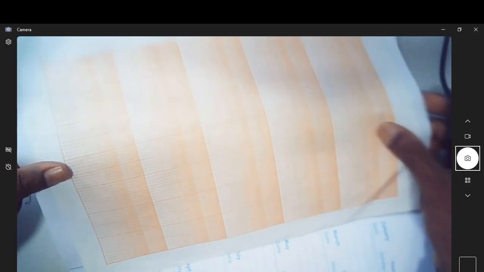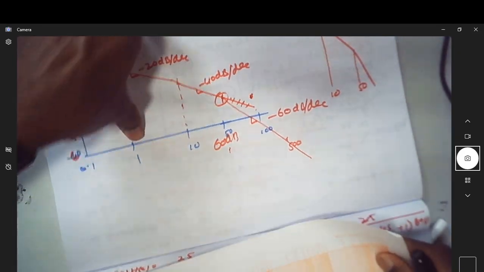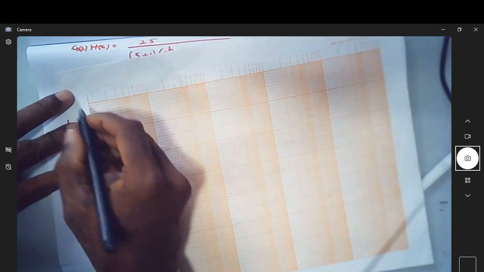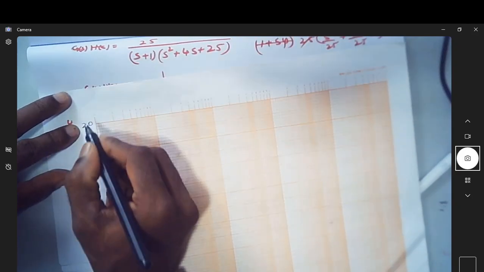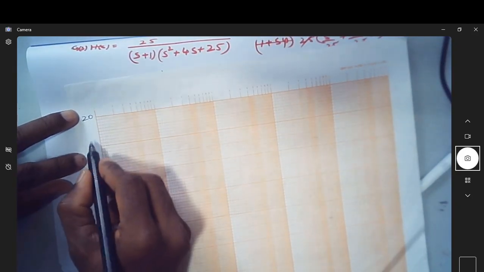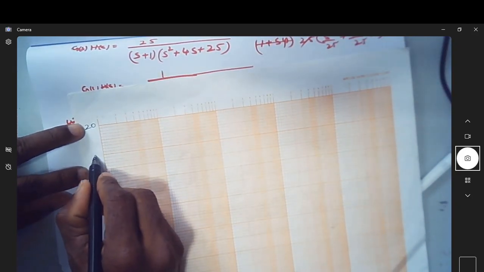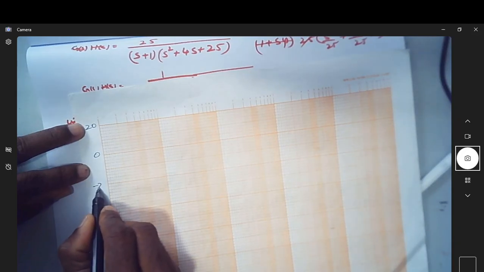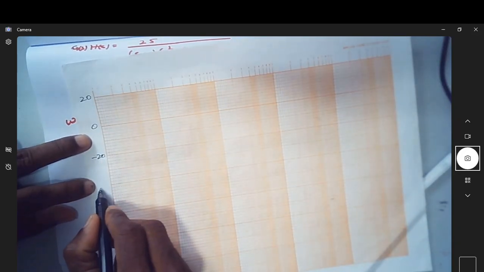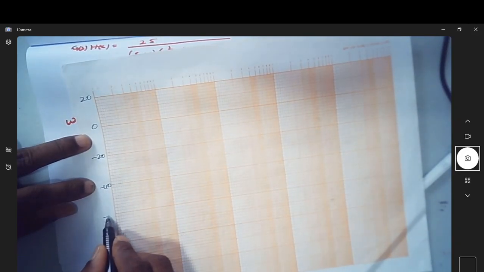Let me just take this graph sheet now, and let me start marking the points. If you can see here, the magnitude at the origin is 0 dB, so I can start from the top as 20. So this is now 0, minus 20, minus 40, minus 60.